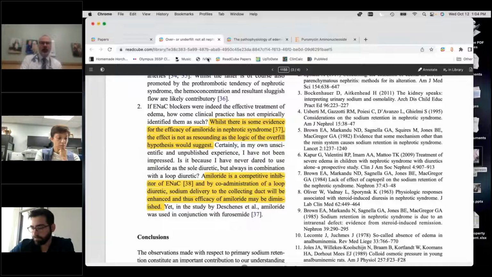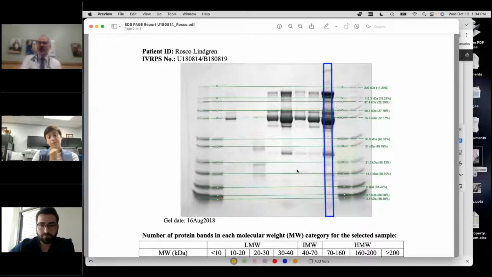So let's just take a quick look at a completely random patient here. Here's a patient's SDS-PAGE. And look, they have this band right at 97 kilodaltons. That probably could be plasminogen. And plasmin, because it's cleaved, is probably going to be smaller.